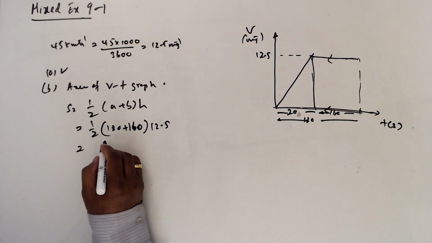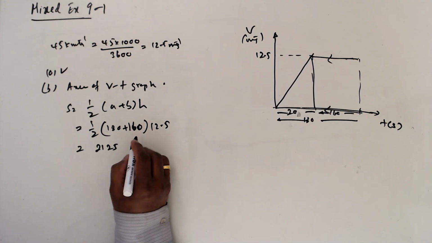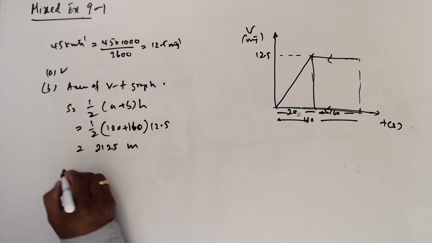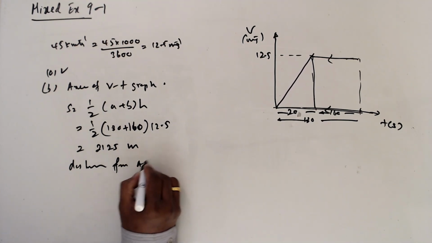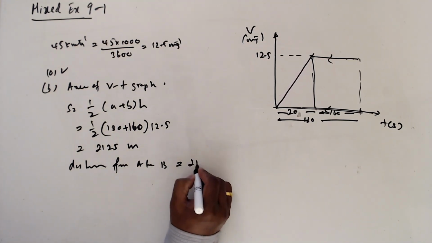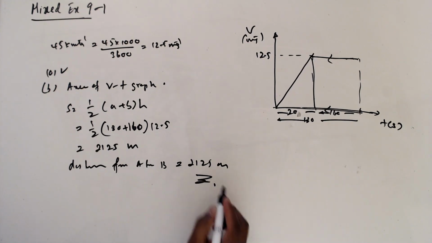So this answer is going to be 2125 meters. So the distance from A to B is 2125 meters.